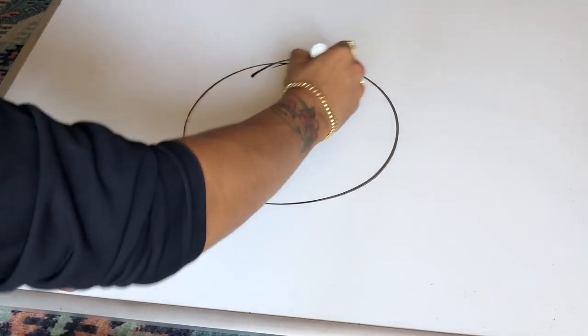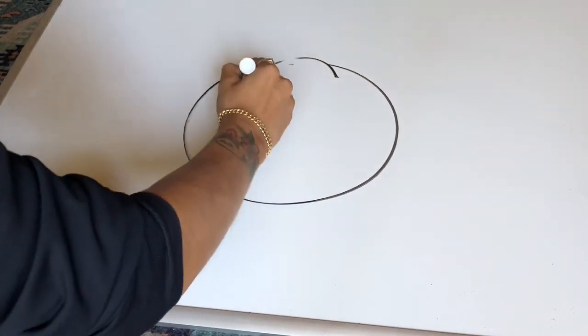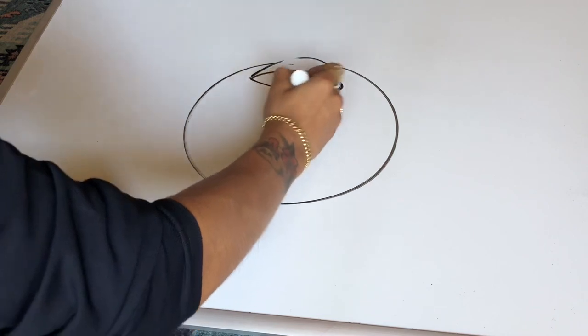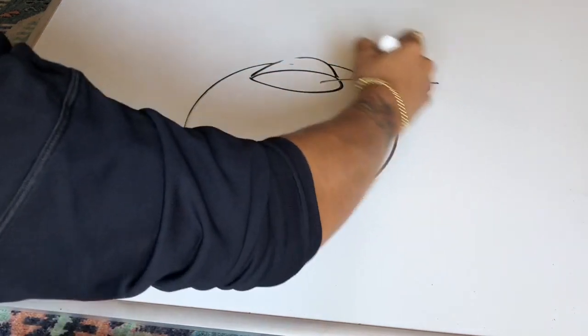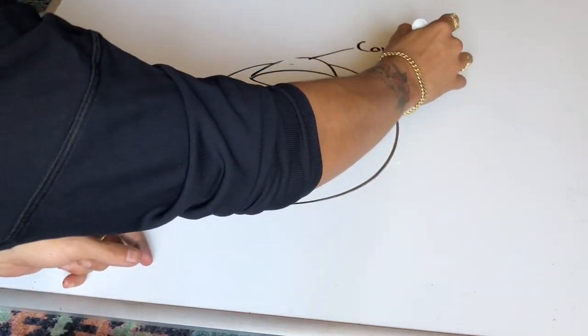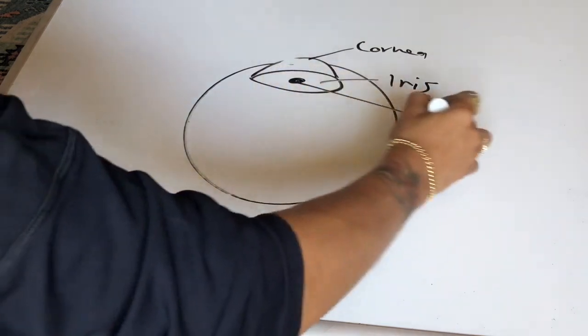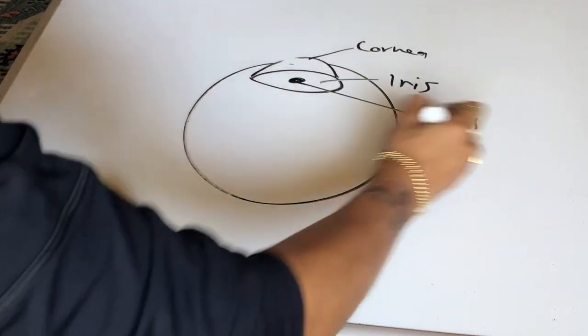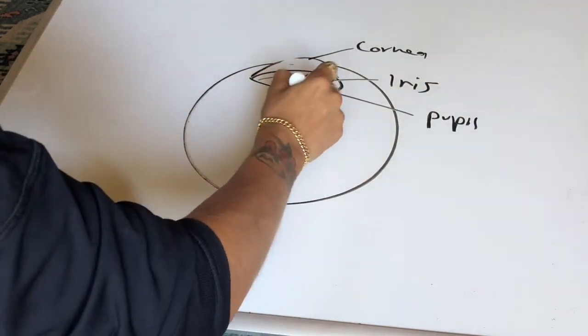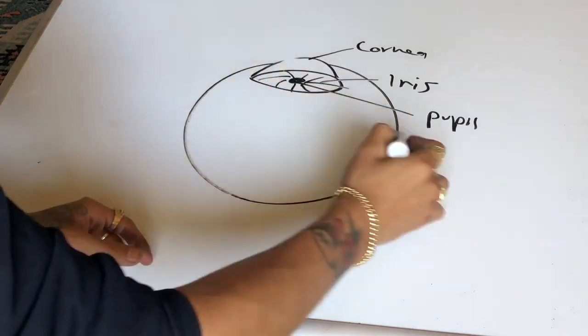So you have the eyeball, the cornea. This would be the iris. This is the cornea. This is the pupil. There's the iris. This is called the sclera.